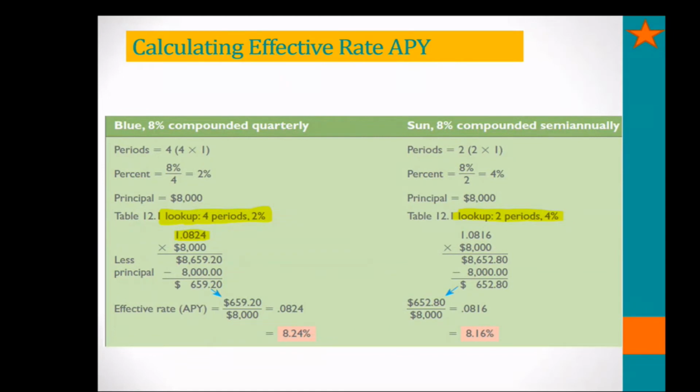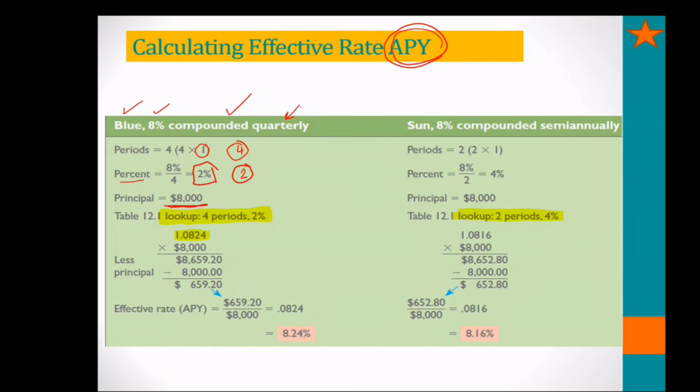Let's do this exercise. For this bank, 8% compounded quarterly. To find APY, I need to find the compound interest for 1 year. It is 4 times 1, because it's compounded quarterly, so 4 periods. 8% divided by 4 is 2%. Principal 8,000.